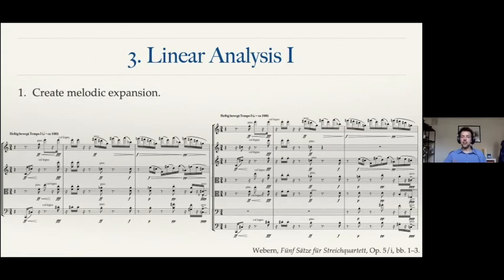Turning to the linear, this was a bit more experimental because, at least to my knowledge, there's less of a standardized practice yet in the field. My first step was to create a melodic expansion for each movement, as you can see here, expanded from these three bars, four parts, over to here. What this produces is a representation of the music as a set of independent monophonic lines.